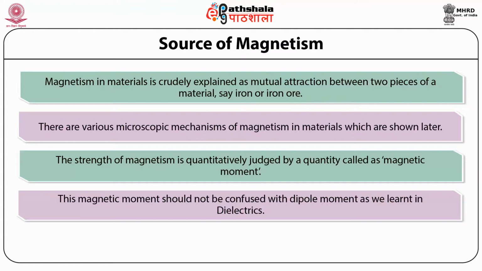The major contributions to the net magnetic moment in materials are: first, the orbital moment arising from the motion of electrons in an orbit of an atom. The orbital moment can be related to the current flowing in a loop of a wire of zero resistance.